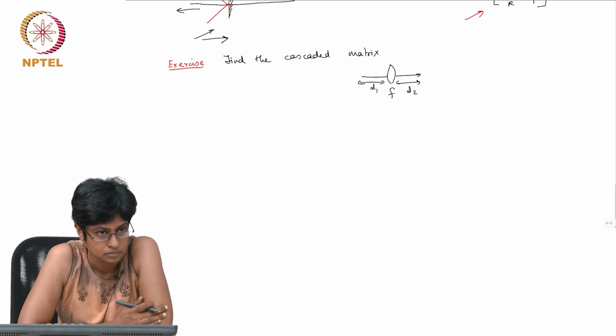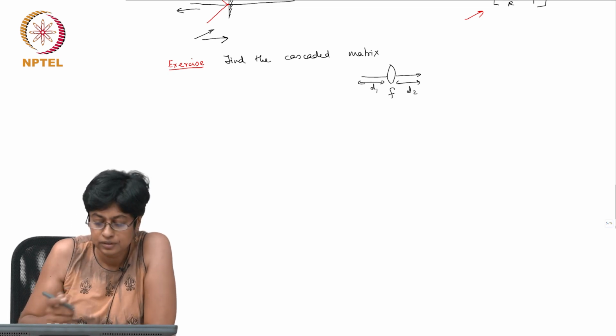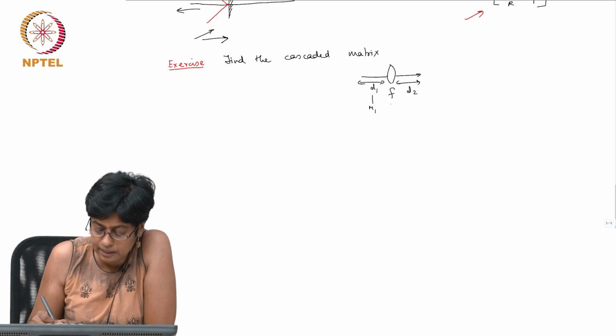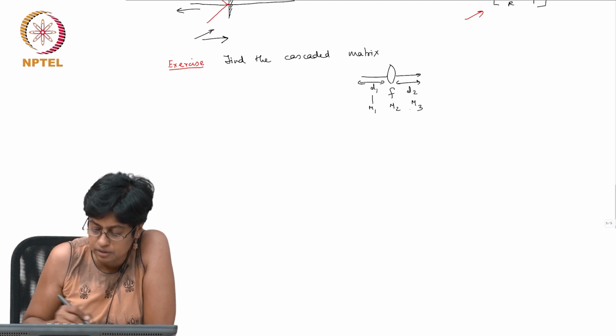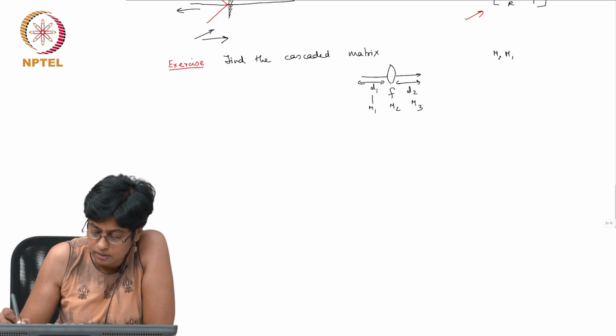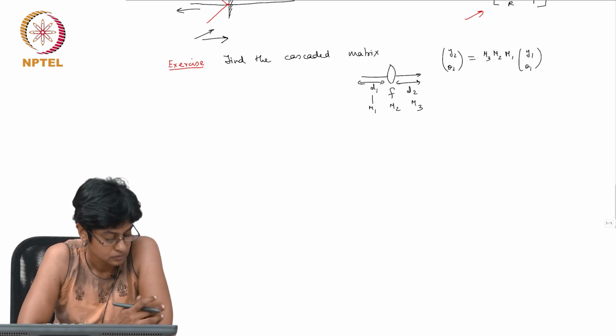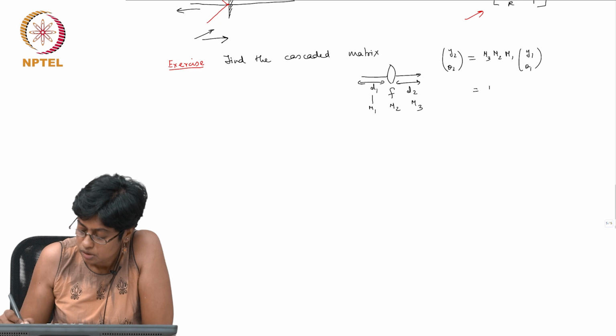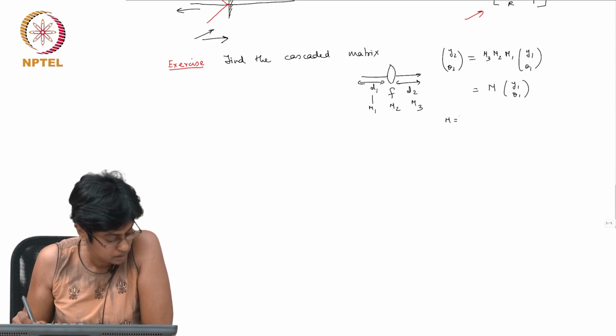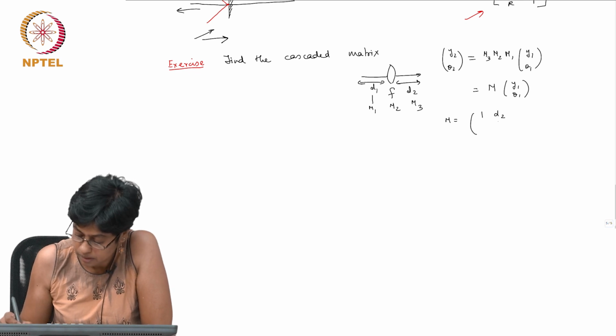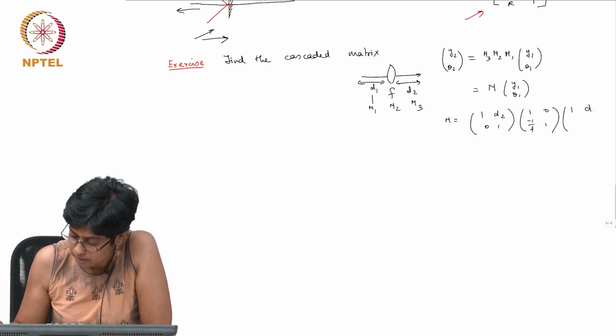So, quickly do that matrix multiplication for me, keeping in mind that if this is associated with matrix M1, this with M2 and this with M3, you are going to have to do it in this order. So, I am basically asking you to find out M, where M is [1, d2; 0, 1] times [1, 0; minus 1 by f, 1] times [1, d1; 0, 1].